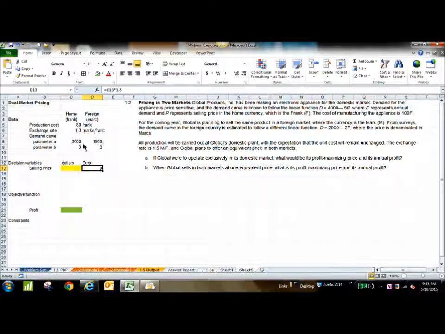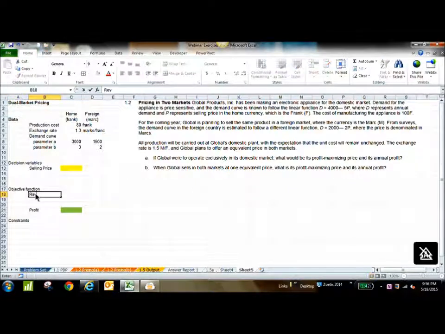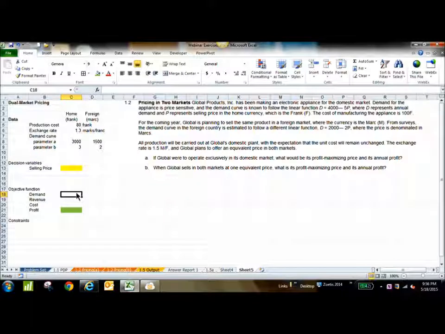So there is no point of having two decision variables because you're only deciding what the selling price should be to sell in both markets. The calculation will be closely or relatively the same. You will have revenue, you will have cost, and of course you will have demand. Here the demand for this is different from the demand for this. This one will be what?